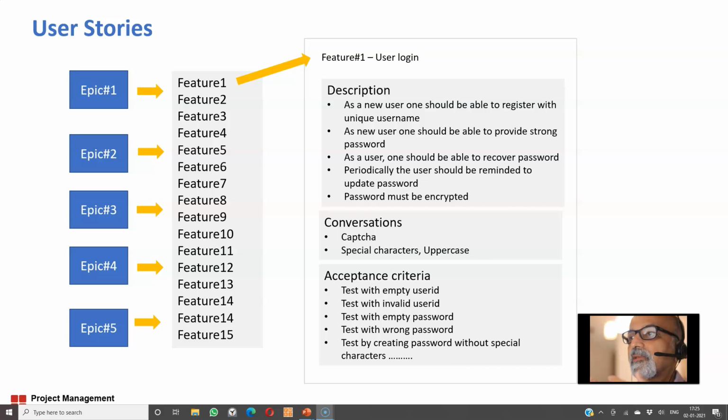And test with the correct user ID and password, it must be accepted. The bare minimum acceptance criteria also must be defined in the user story. Once we have this much information, it is easy to estimate. We have more visibility about the feature, so it becomes much easier to estimate it.